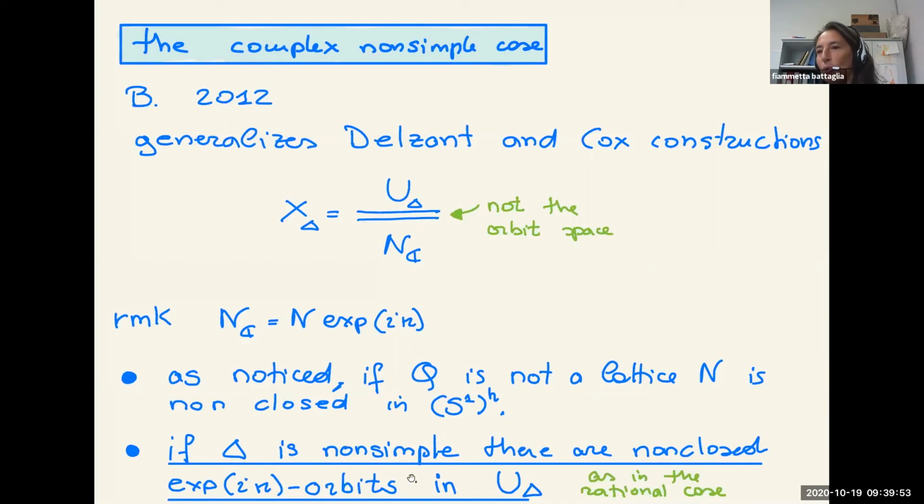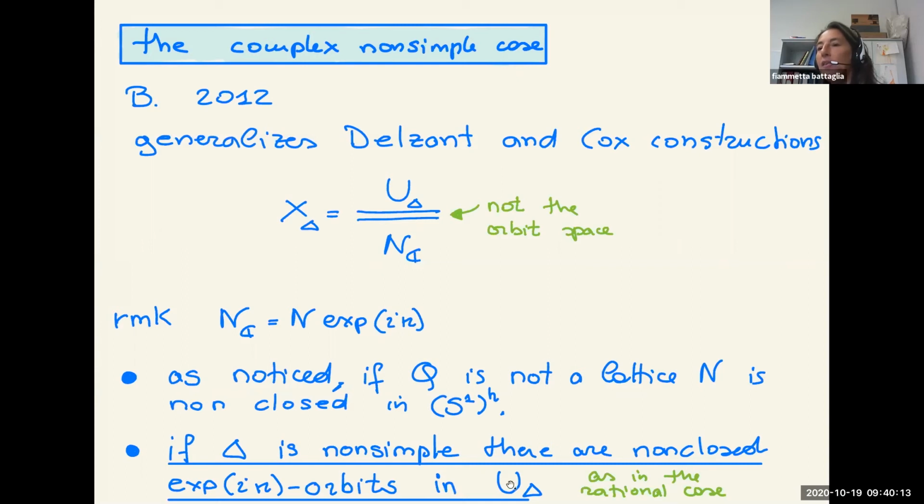While the other phenomenon, which is specific for the case when Delta is non-simple, is that there are non-closed exp(i n) orbits, non-closed in U_Delta.